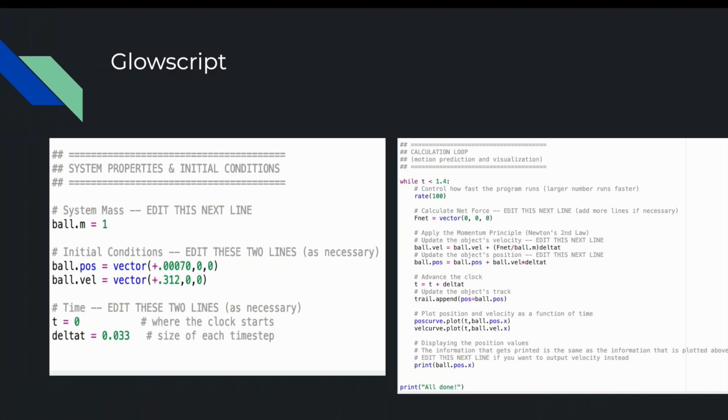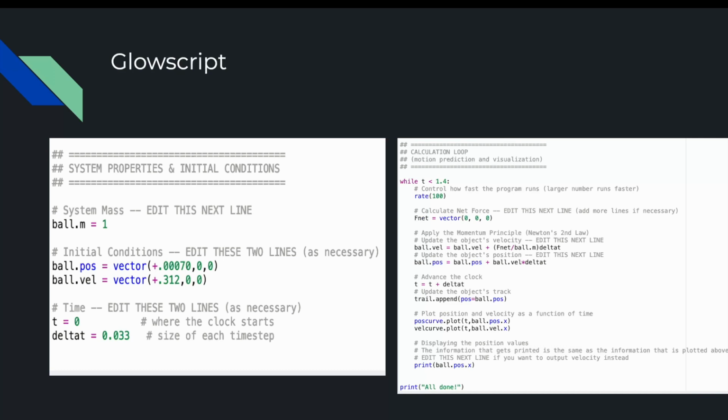In the code, I have the ball's mass be unchanged, and then the ball's position be set to the initial position found in Tracker, and then the initial velocity was the one found in the previous calculation, and then t is set equal to 0, and then delta t is set to 0.033.